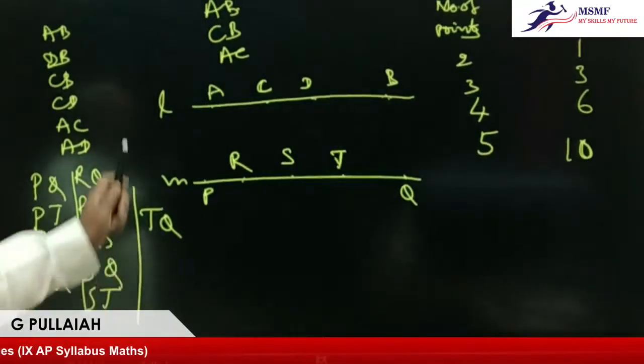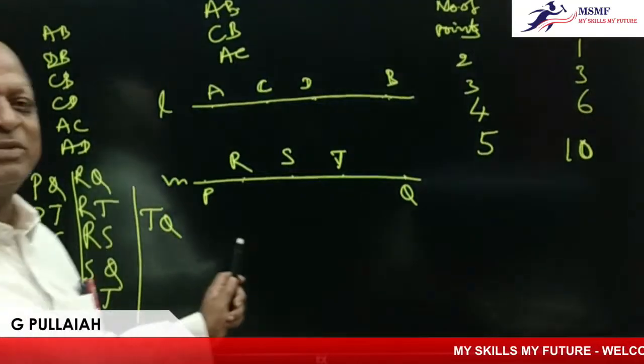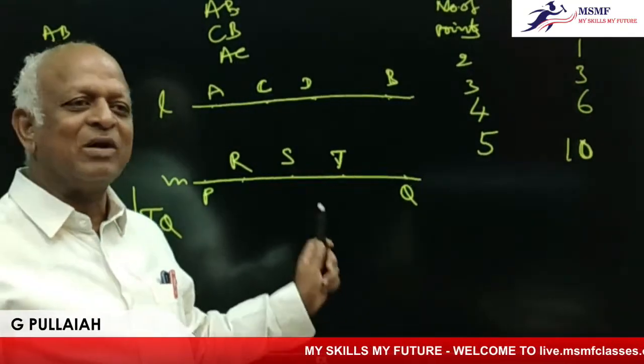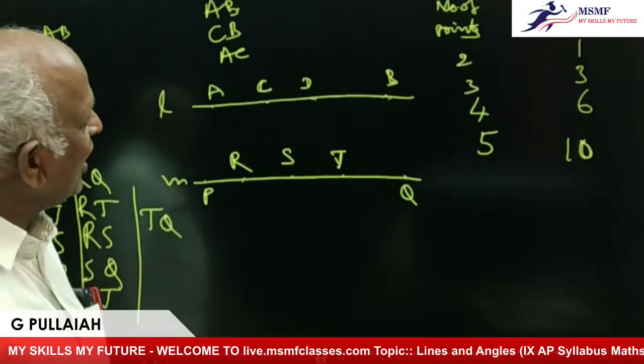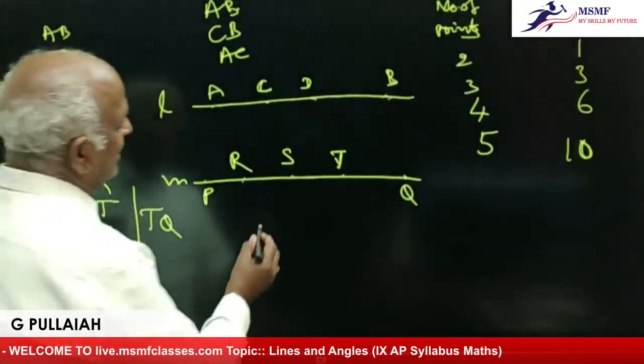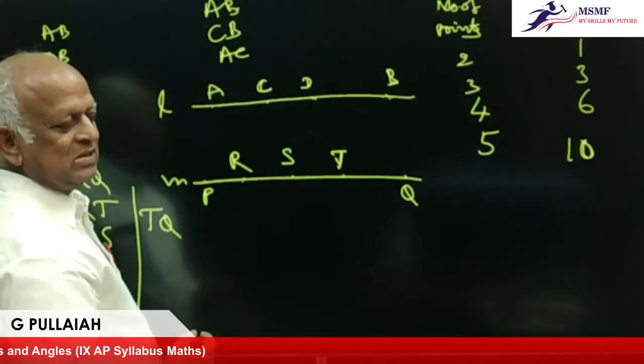Now, can we form a formula based on the relationship between the number of points on a line and the number of line segments? This is the formula. I hope you know pretty well the formula for the sum of the first n integers.